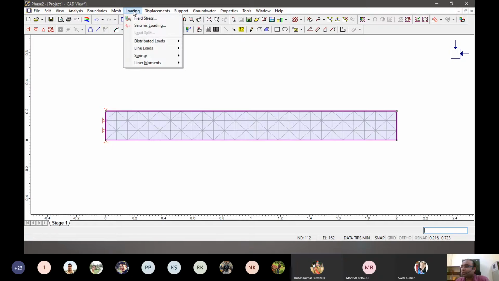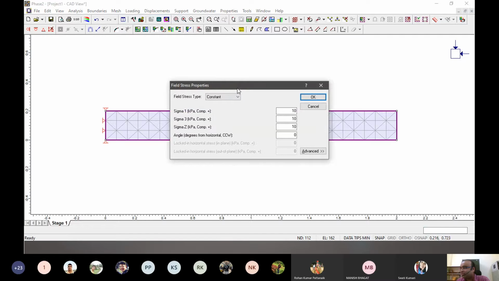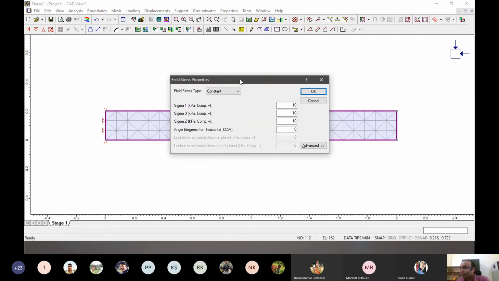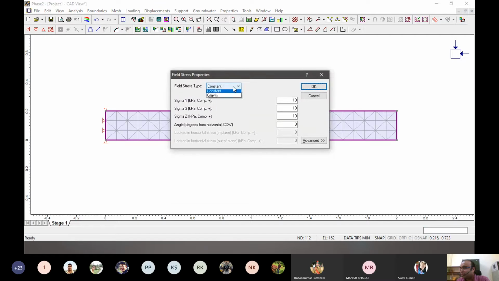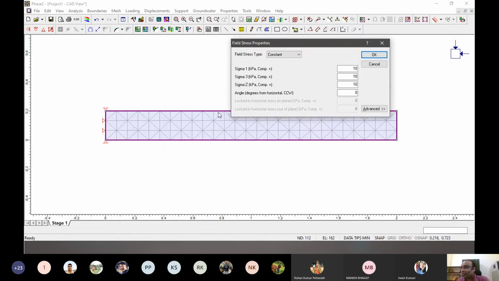So, loading. We have many things. We have to first consider the field stresses. We won't touch that because we are not worrying about gravity or constants. And at this scale, these values won't affect it much unless we have some excavation inside this.